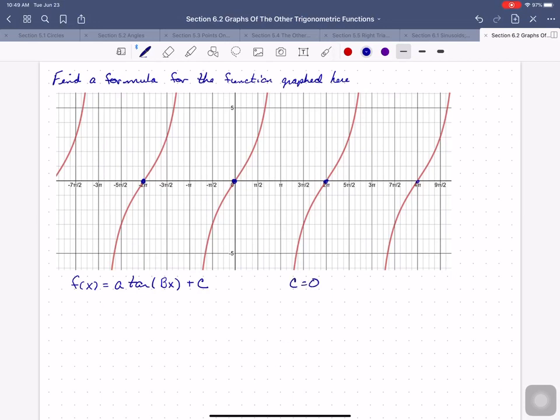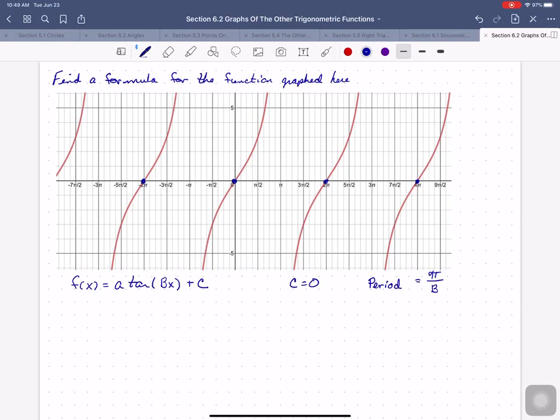Now, we remember that our observed period is equal to our natural period divided by that internal multiplier. If we look at those x-intercepts that I just graphed, one of the things about tangent is that it goes through an x-intercept once each period. Remember, sine and cosine each have 2 x-intercepts per period.